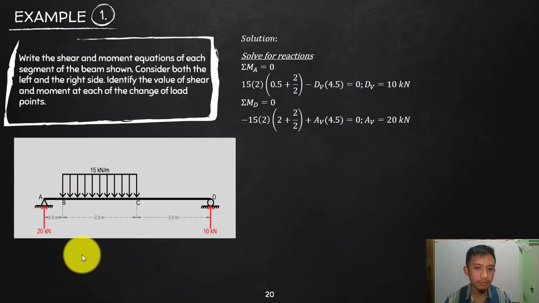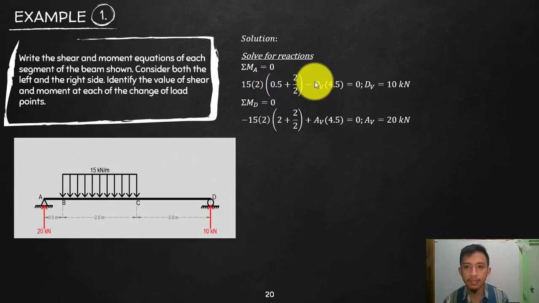It's up to you. In my solution here, I will summate moment at A, so that will cancel the reaction at A. I will only expose the reaction at D, then I can solve for that. The 15 is a distributed load, so multiply it by 2 to make it a concentrated load, so that we can take the moment of that.